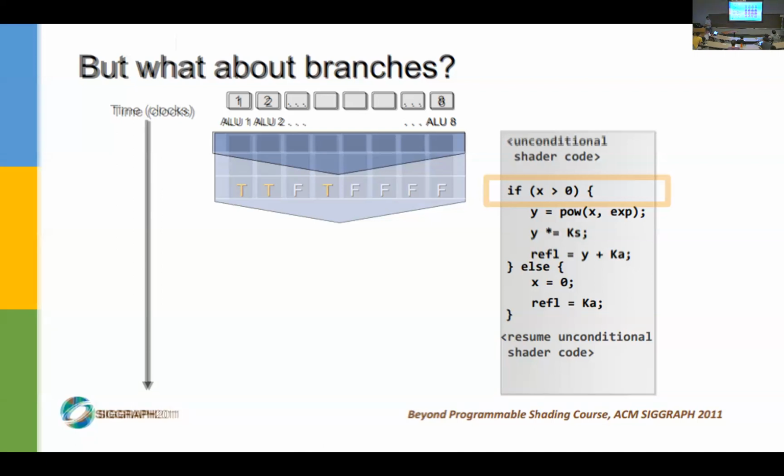They have 8 ALUs each, so that is 128 ALUs. Because you have 16 cores, you can have 16 instruction streams. You can't have 128, because each of these cores can only have one instruction stream, but different cores can have different instruction streams. So you can have up to 16 simultaneously.